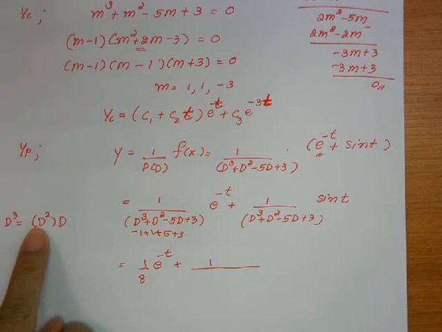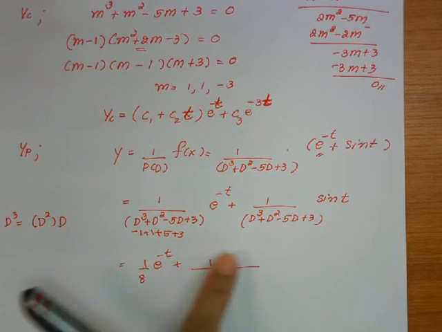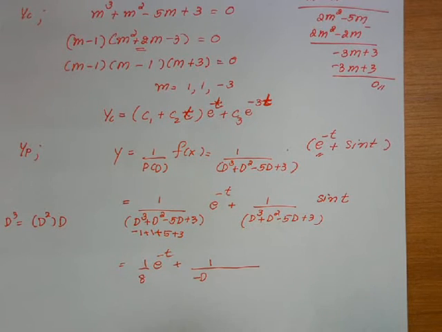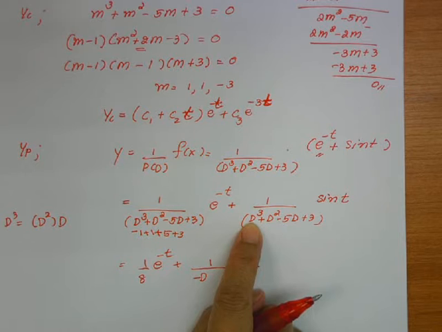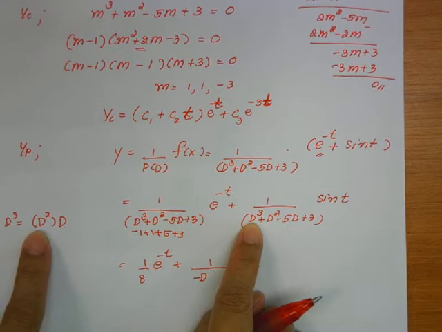This one is equal to minus 1. Minus 1 times d equal to minus d. So the first term is equal to minus d. Okay, the d to the power 3 is equal to d to the power 2 times d.